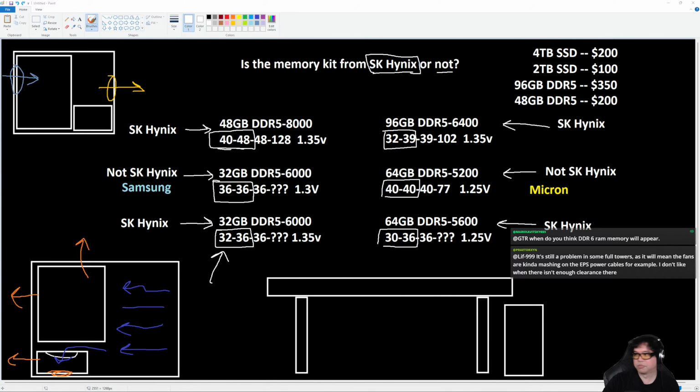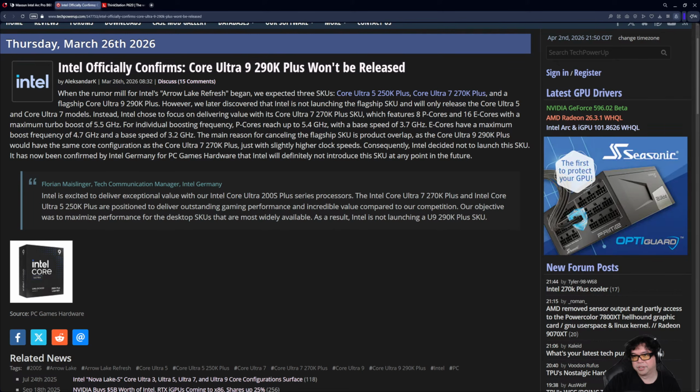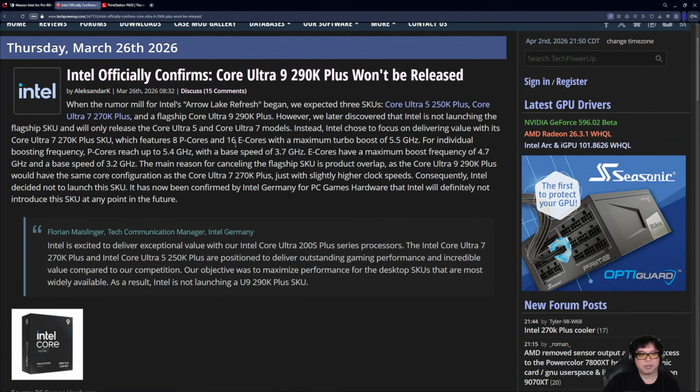Oh, there was an Arrow Lake story. Was this last week? Did I not cover this? This is from last Thursday. I know I covered the review of the Core Ultra 7, but this article: Intel officially confirms Core Ultra 9 290K Plus won't be released.